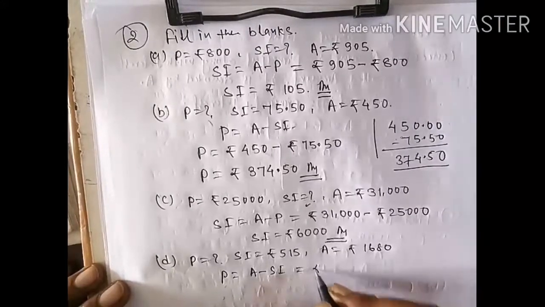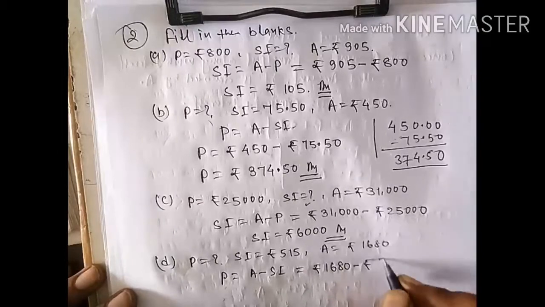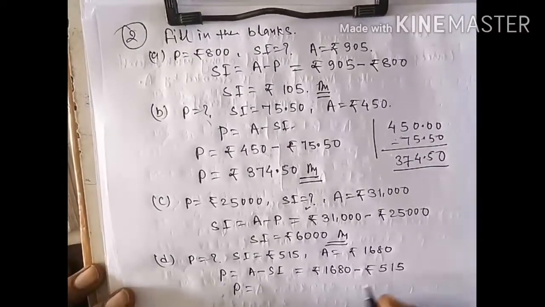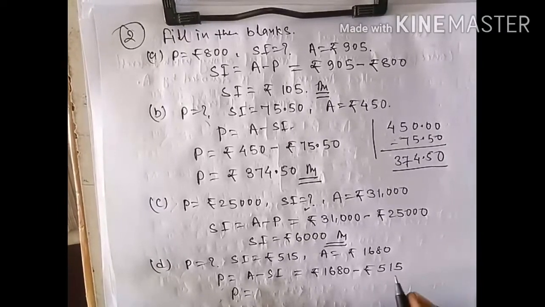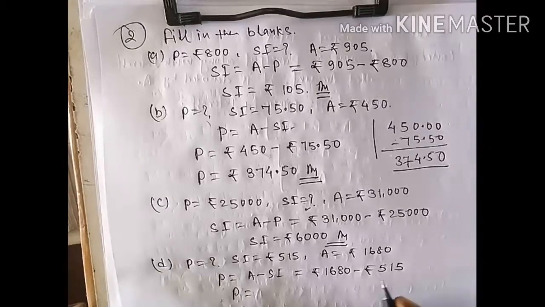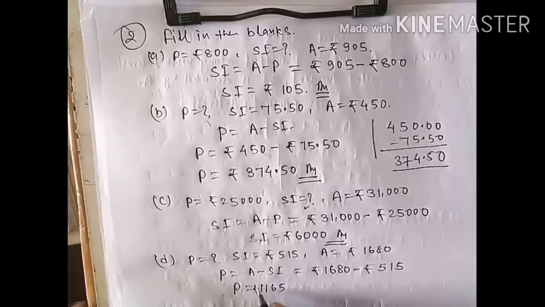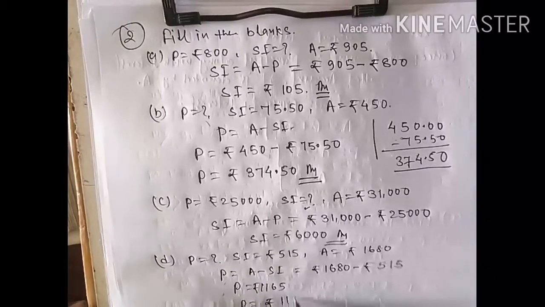Here amount is rupees 1680 and SI is rupees 515. जब subtract करो 1680 में से 515 को subtract करेंगे तो 1165. So principal is rupees 1165. This is the answer.